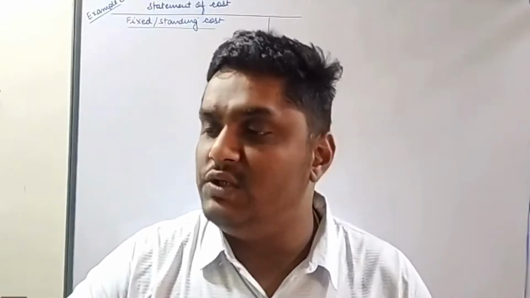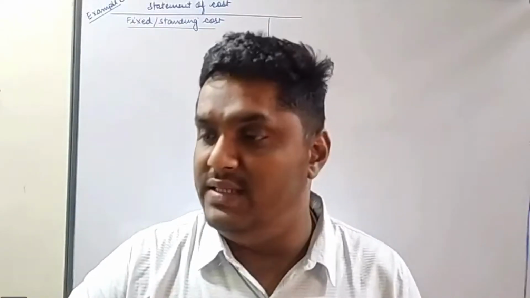Since we have to calculate the fare for all the 3 cities, we'll be preparing the statement on a monthly basis, because I think we can prepare it on annual basis also, but it is more convenient to prepare it on monthly basis. So I'm preparing it on monthly basis.